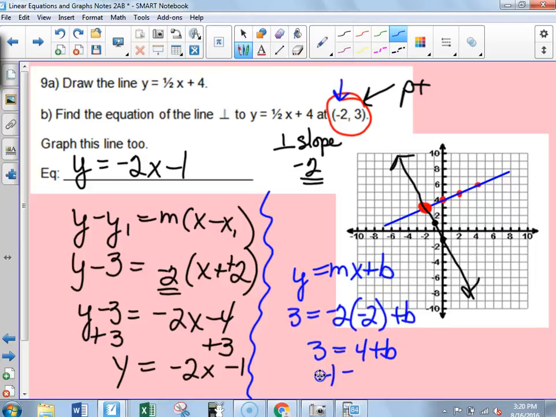I subtract, I get -1 equals b. Do I already know the slope? And now I know the b. Could I plug those in and get that equation? Anybody remember doing it that way? No? Yes? That's a lot easier though. It just depends.